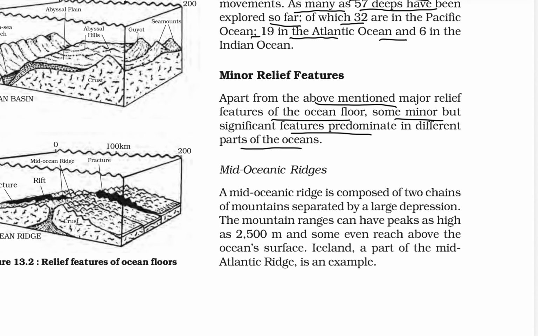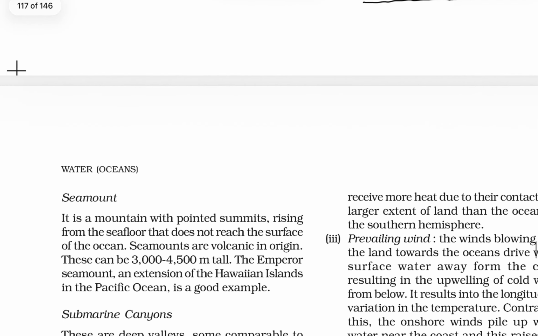Mid-oceanic ridges. How do mid-oceanic ridges form? The mid-oceanic ridge is composed of two chains of mountains separated by a large depression. The mountain regions can have peaks as high as 2,500 meters, and some even reach above the ocean surface. Iceland, as part of the mid-Atlantic ridge, is an example.